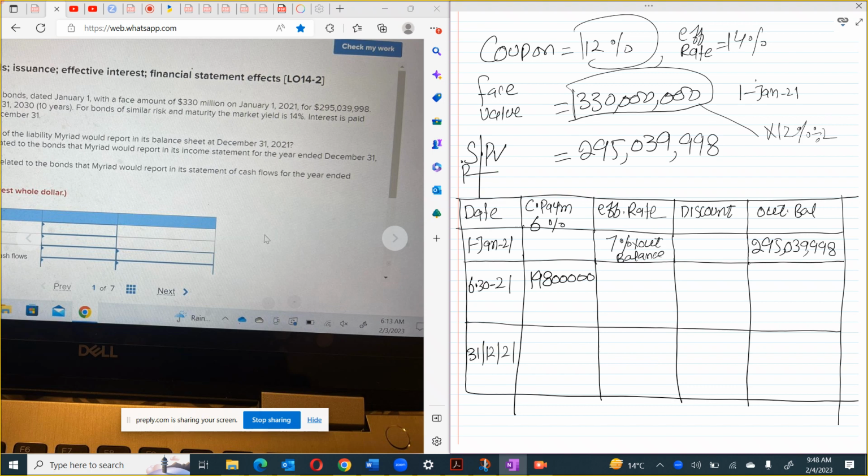Okay, don't worry. So bond interest expense, can you calculate it for me? Because if I calculate it for you, you will not learn it. How will you calculate the bond interest? So 713,477 multiplied by the rate.